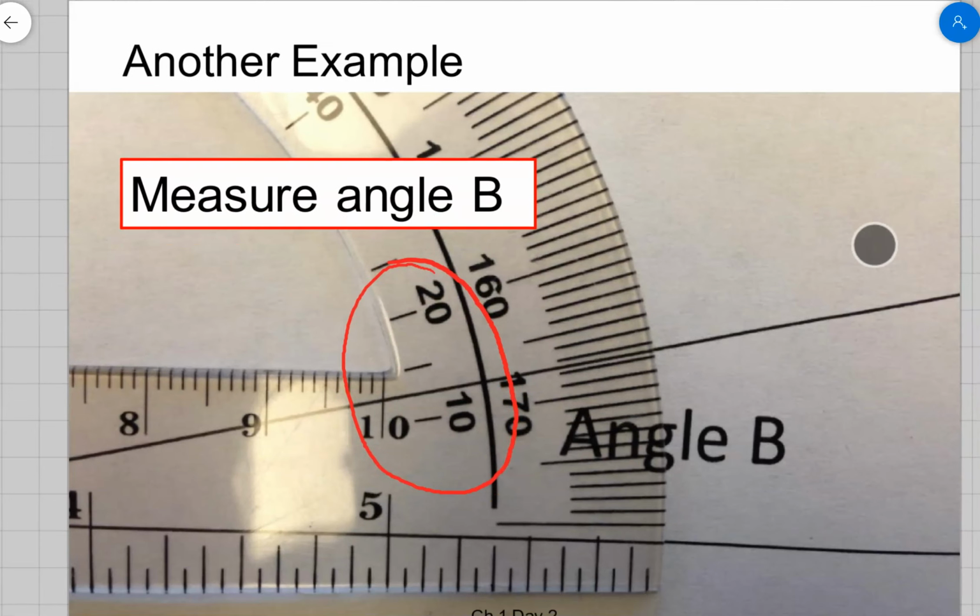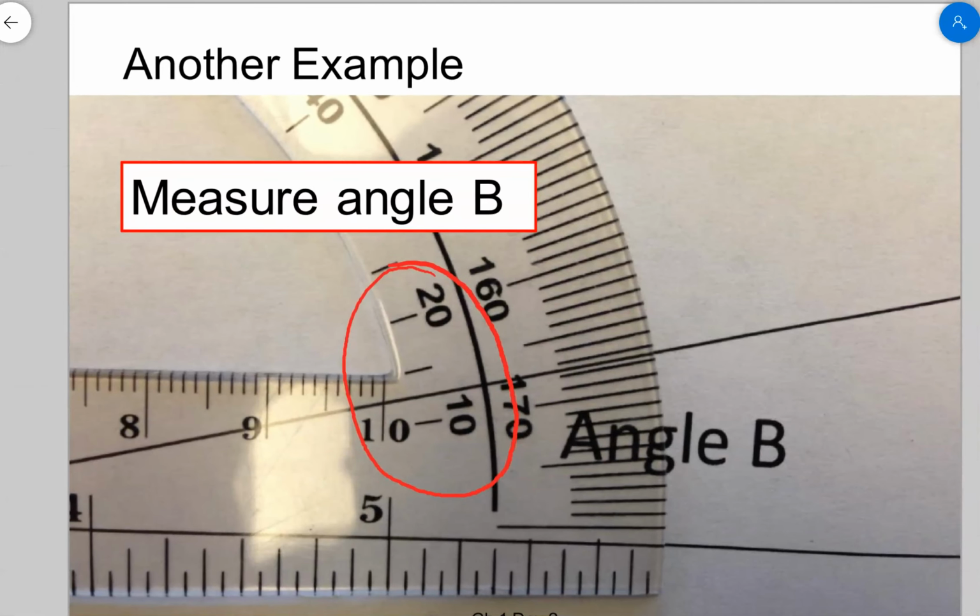Here's an example of an angle measurement. Okay, so we're going to use these measures. All right, so what do I know? This is my angle measurement. What do I know for sure? Don't look at those.